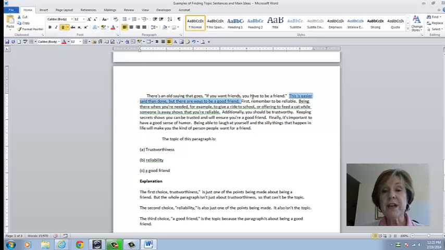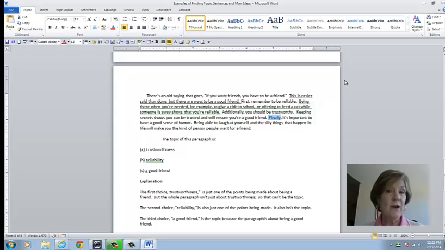If you want friends, you have to be a friend, but there are ways to be a good friend. And again, some clues are first, additionally, and finally. These are telling you these are ways to be a good friend.